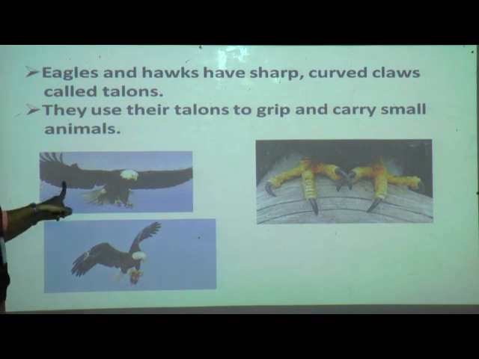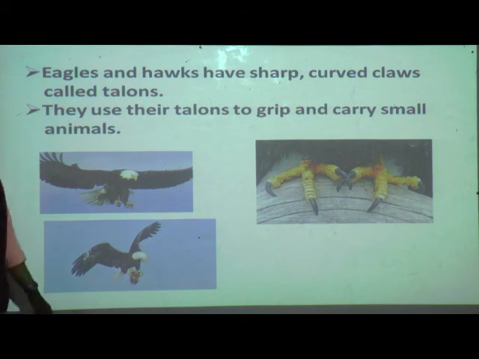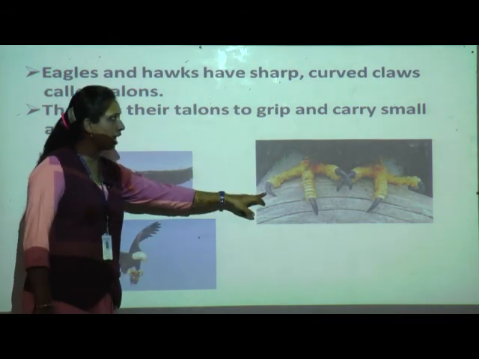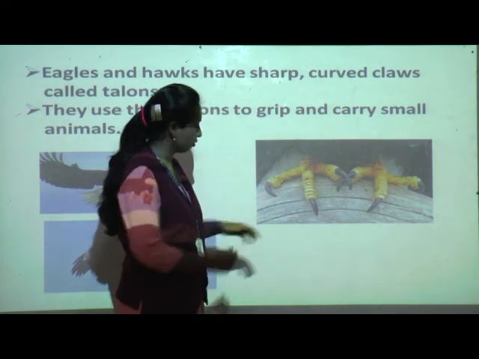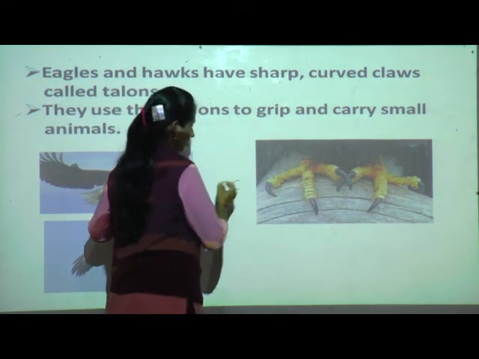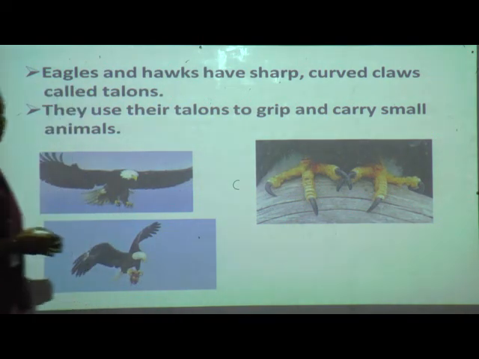Now vulture, eagle, what do they eat? They eat other animals. So how do they catch them? Yes, in their claws. With the help of these claws, you can see how they have very sharp curved claws. Curve means, you know, curve like a sickle shape.